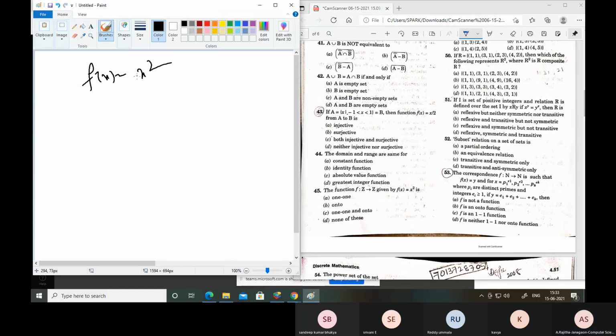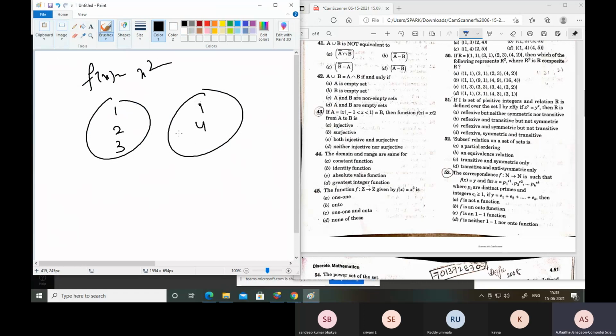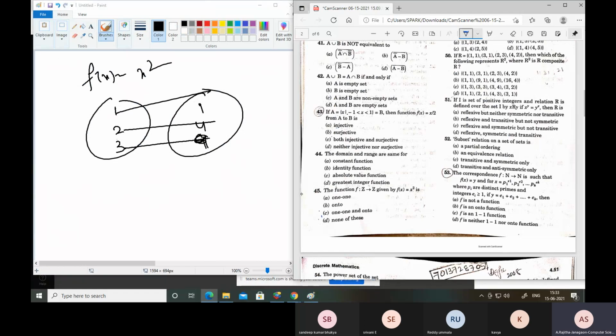So this is 1, 2, 3, and f of x equal to x square gives 1, 4, 9. 1 to 1 here, and this is 1 to 1 and onto.